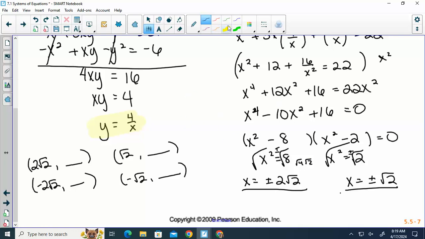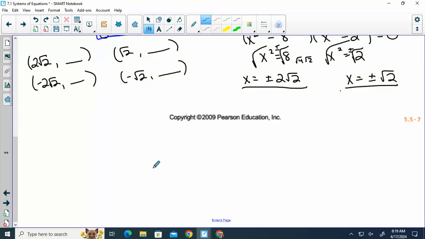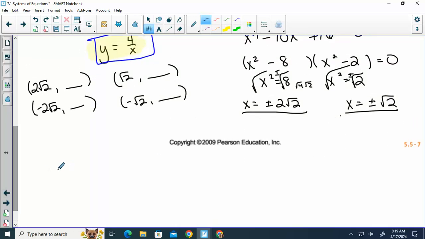The fastest way to get my y, we could go back to the original, but we also already know y is 4 divided by x. So if I put in a positive 2 radical 2, y would be 4 over 2 radical 2. Get your radical off the bottom, and we just get radical 2.